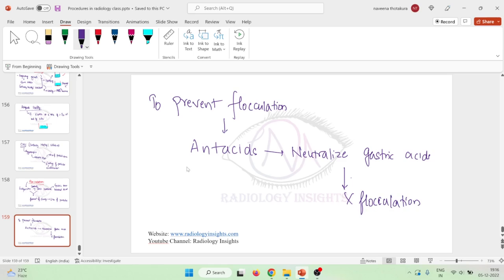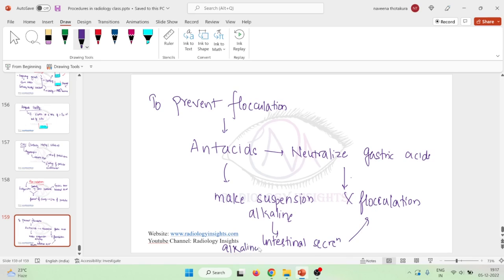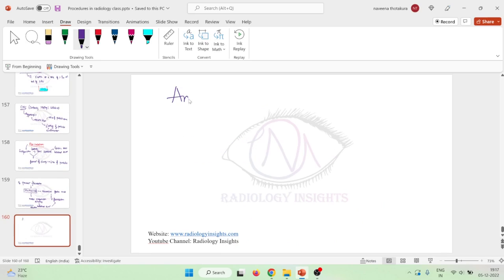Number two, these antacids also make the suspension alkaline. The intestinal secretions are also alkaline, so the alkaline intestinal secretions will not flocculate, because both are alkaline, so obviously there is no flocculation to occur.